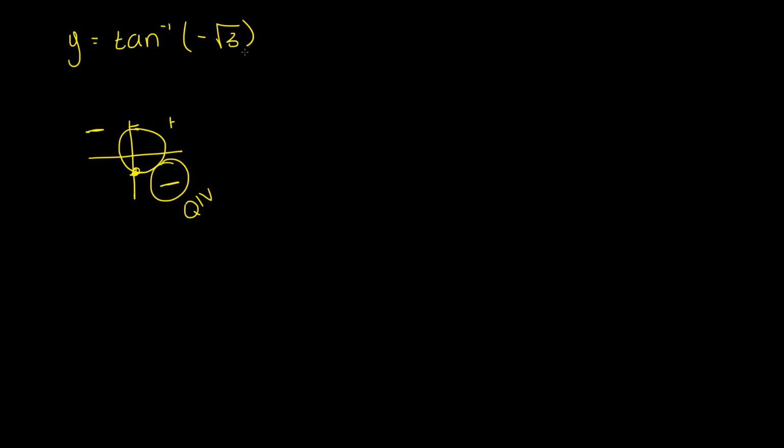Okay, quadrant 4, we're looking for a root 3. So that means that sine over cosine needs to equal root 3. Well, thinking about it, you have here the 1/2, the square root of 3 over 2. The 2's would cancel out, and we're left with 1 over root 3, or root 3 over 3.